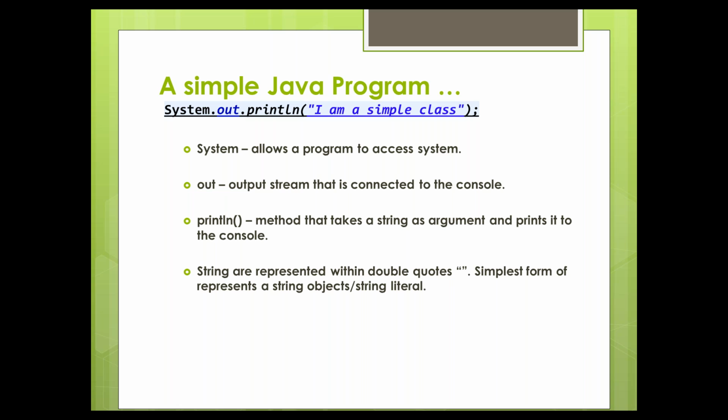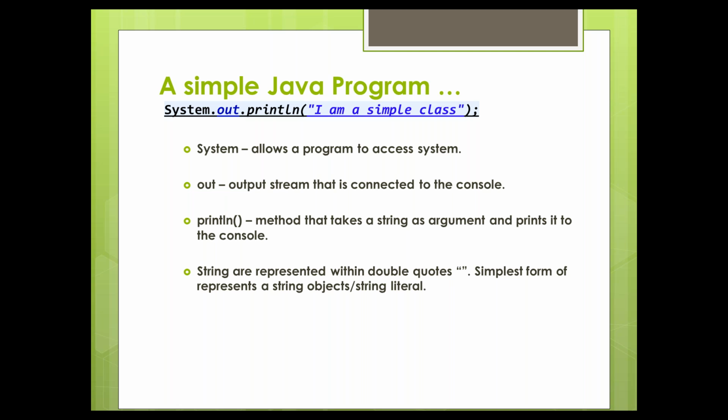This output stream has one particular method, println or print line. As we have a main method in class simple class, we will have the print line method in our output stream class, that is out, whose functionality is printing whatever string is passed to it to the console.